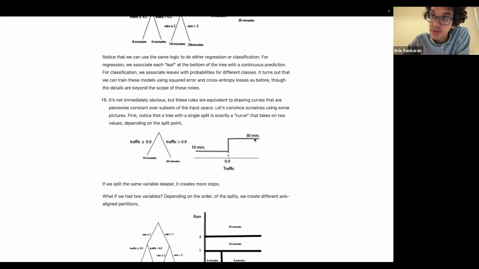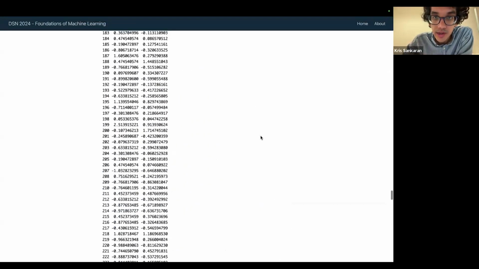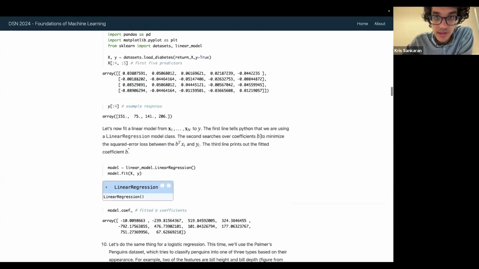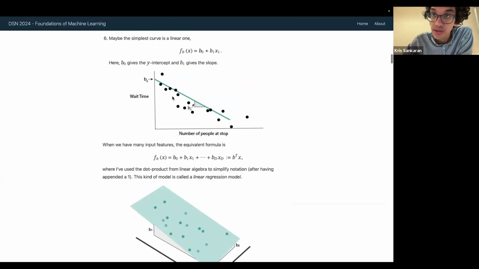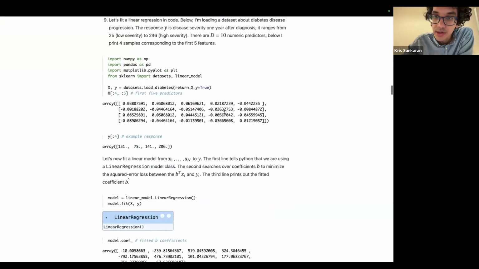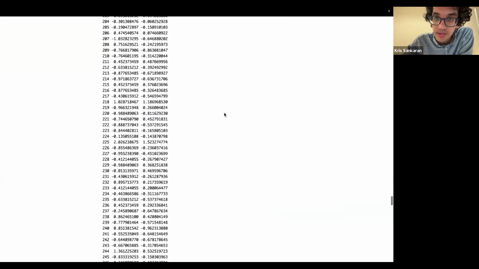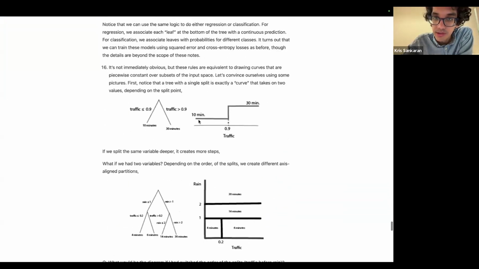So this is the main insight. Now we're starting to think about curves again, except instead of these linear things, we have these thresholded looking curves, right?